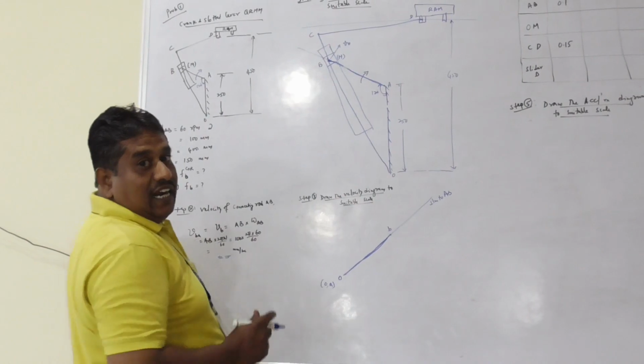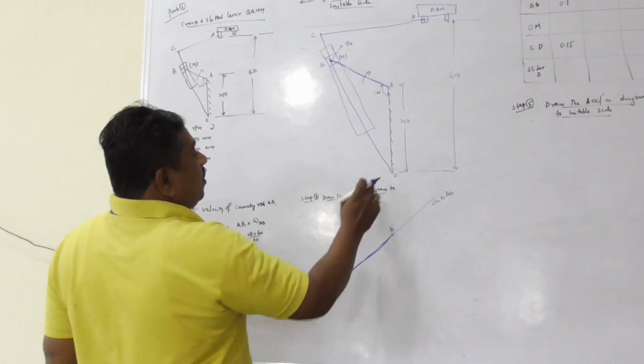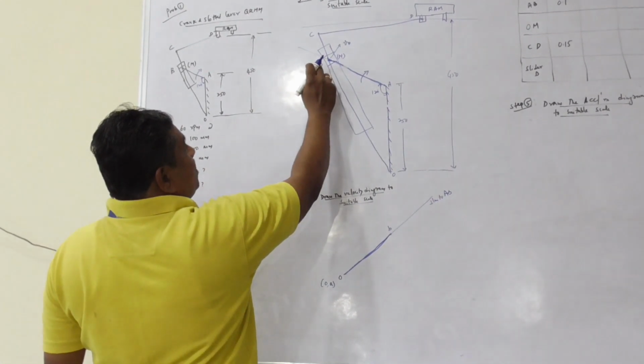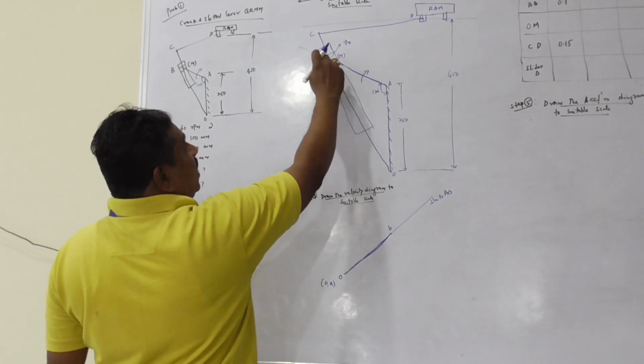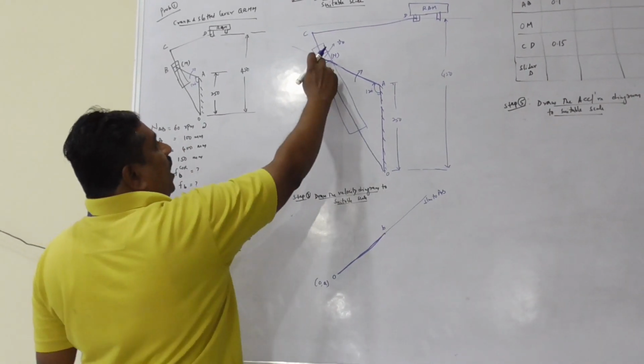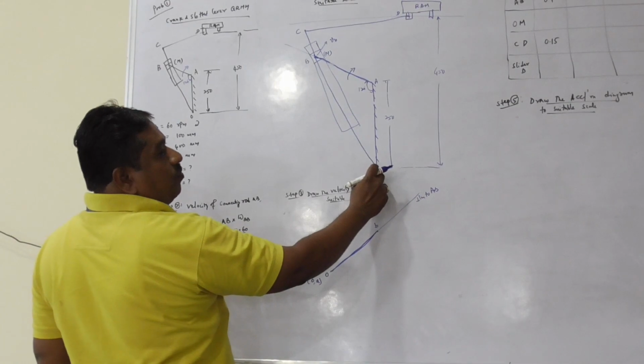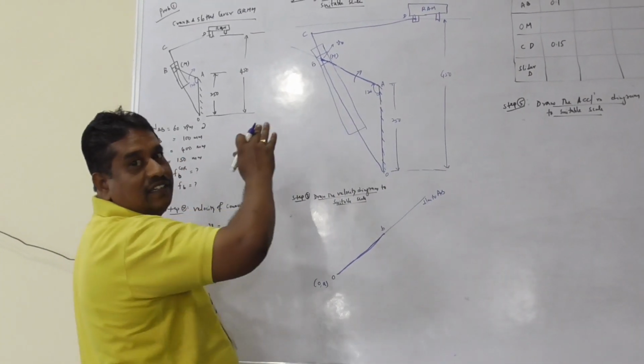Now consider at this instant of time, B is coinciding with M, therefore I will consider MO. Velocity of M relative to O is perpendicular.